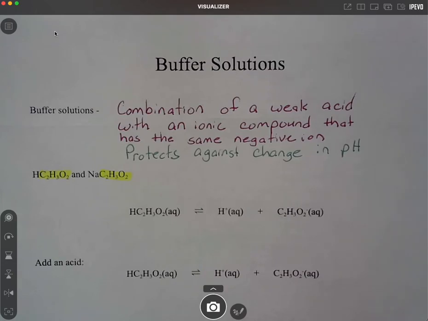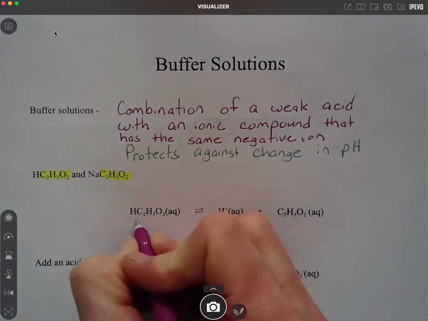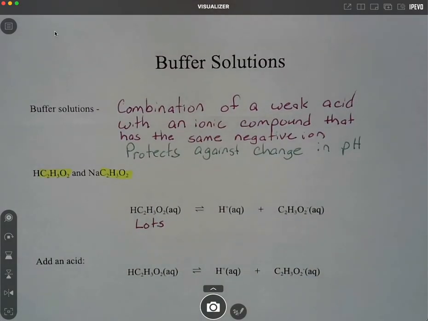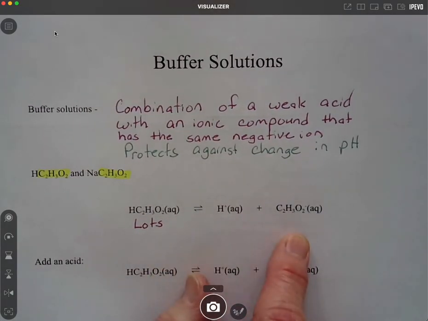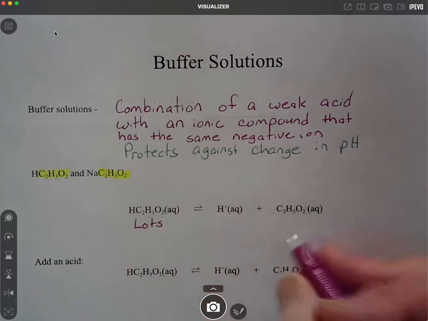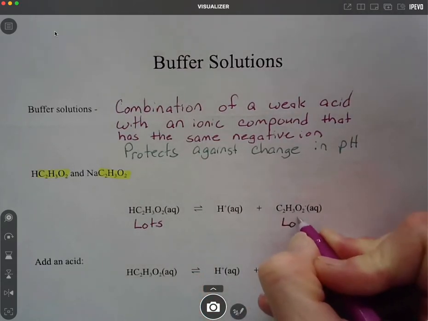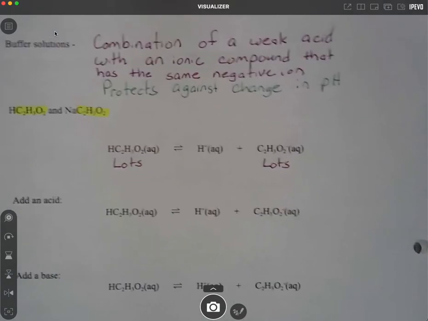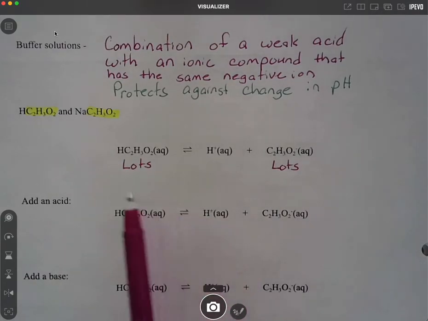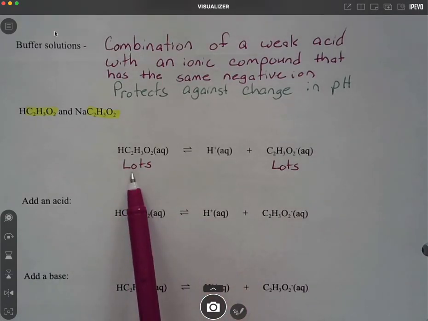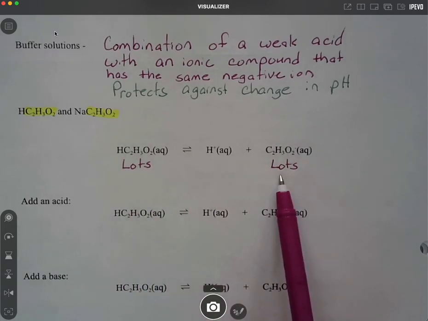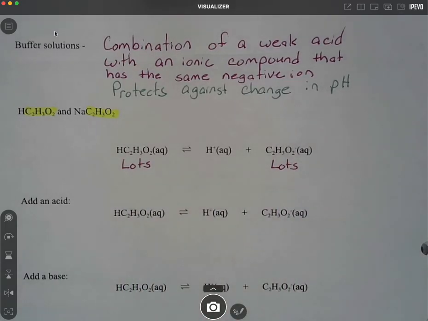When you added the sodium acetate, you then also got some extra acetate ion. And now you have a lot of the anion with the hydrogen attached and a lot of the anion with the hydrogen not attached.